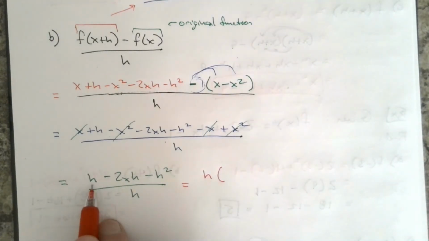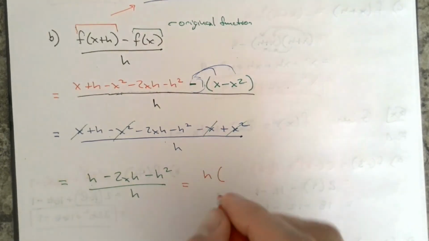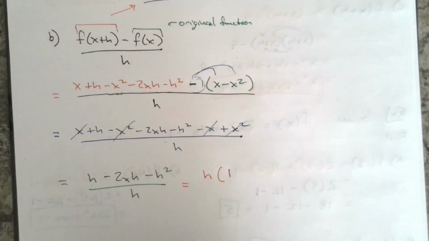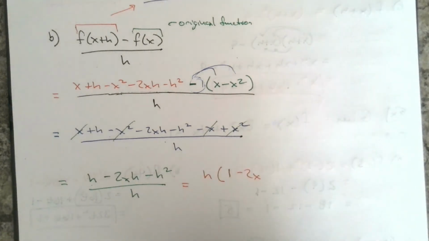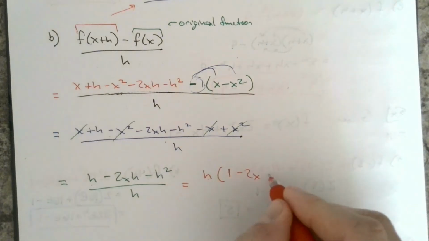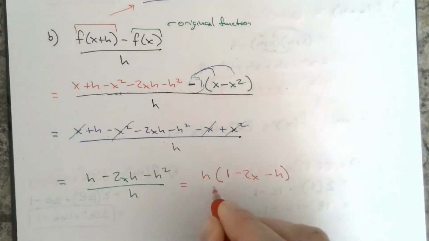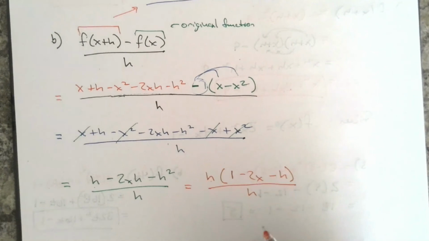So if I take h and I factor out h, h divided by h is 1. Make sure you have that there. Don't cancel it to a 0. 2xh, factoring out the h means that you're going to take it out of there. 2xh divided by h is just minus 2x. Right, that's how you factor it out. And then minus h squared, you factor out an h, so you're left with minus h. And remember, this whole thing is still over h.